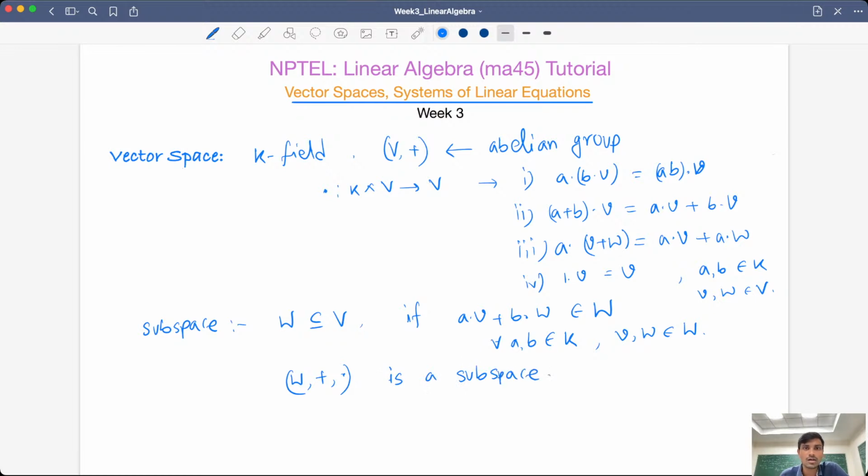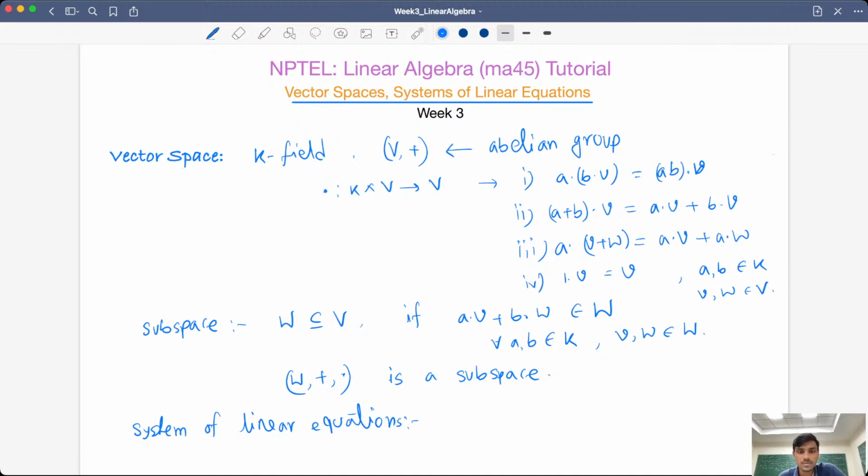And then we'll see the system of linear equations.